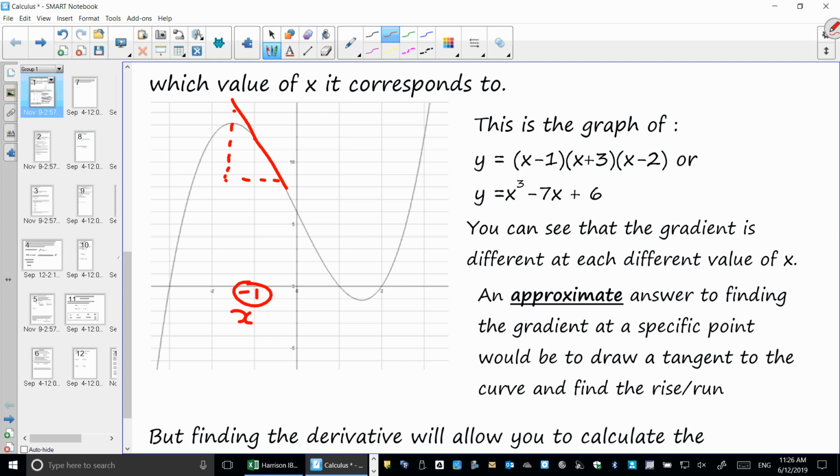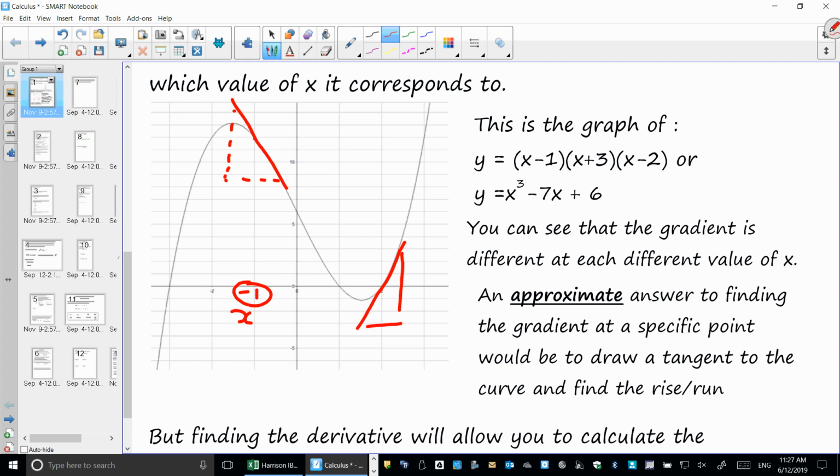That would give me the gradient at the point where x is -1. If I wanted to find it when x is 2, I would do the same thing: find the value of 2, draw a tangent, find my rise over my run, and work out the gradient.